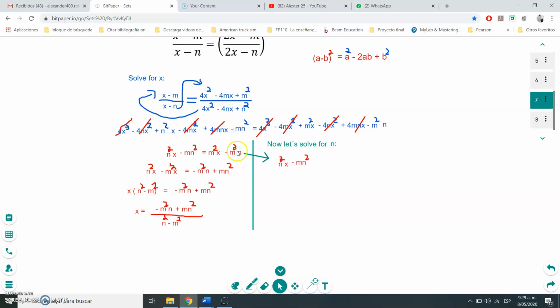This minus m squared n comes to the other side as positive, so it will be plus m squared n. And then this term that contains m stays at that side, so we have equals m squared x.